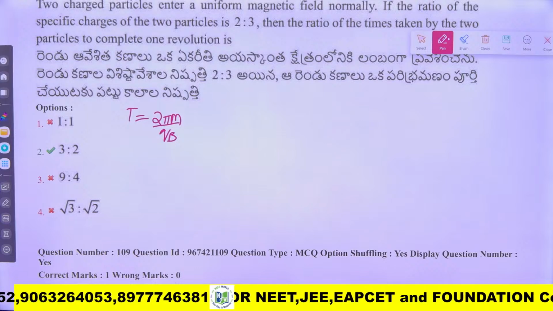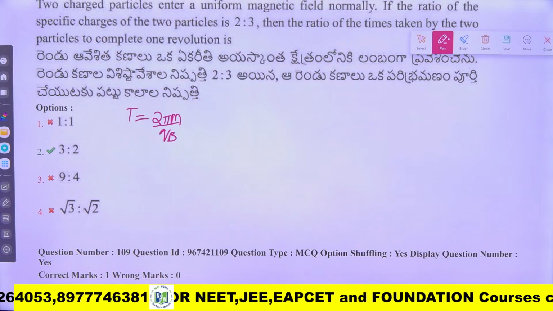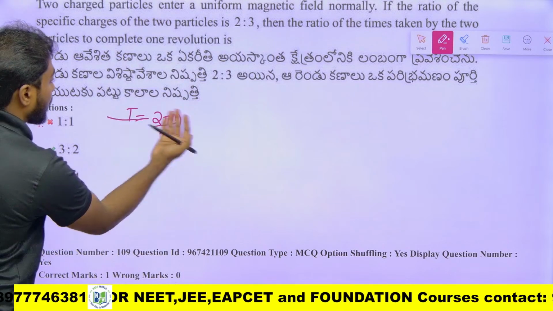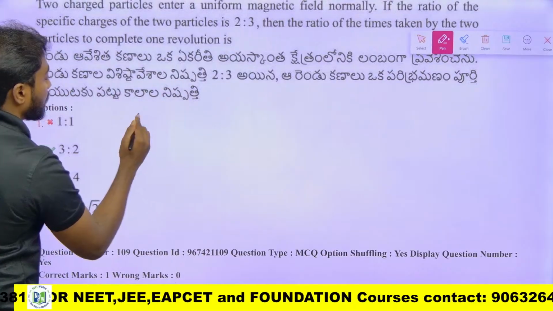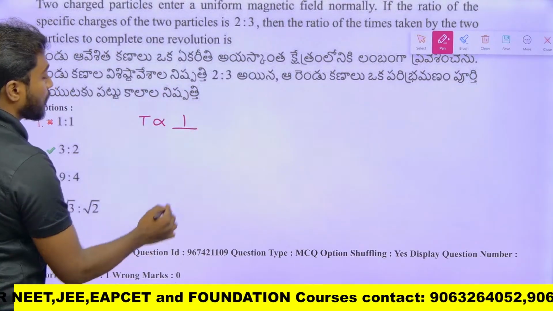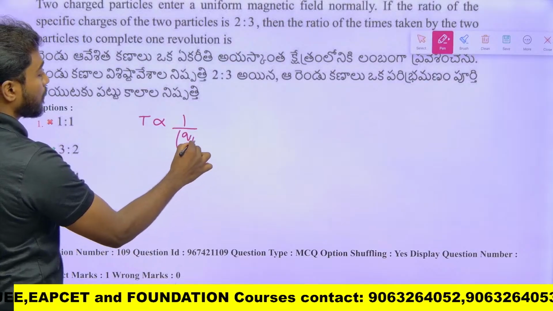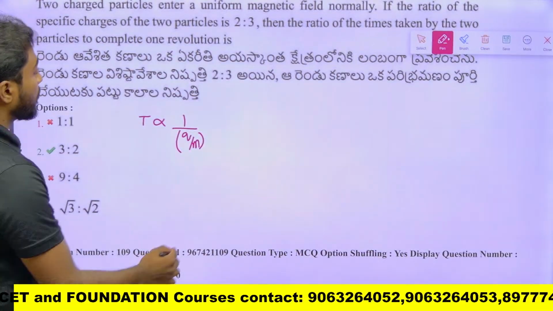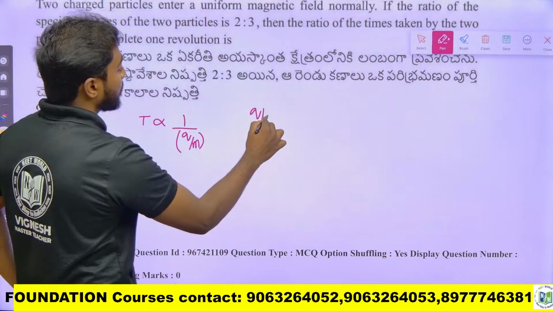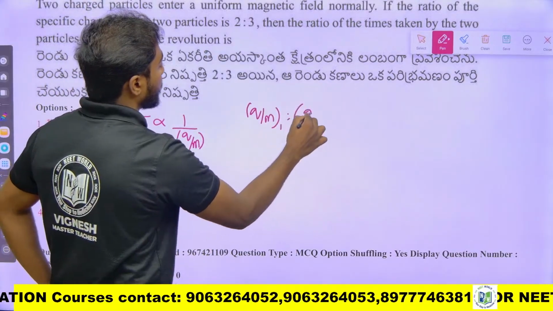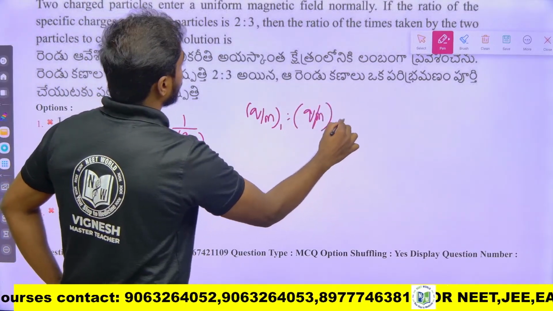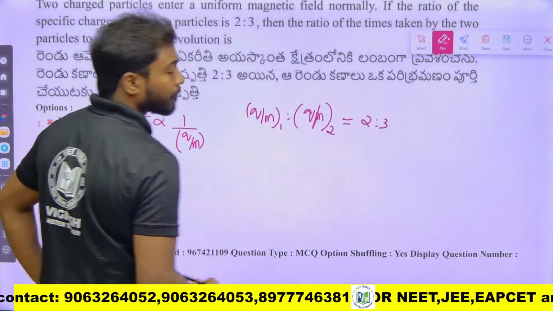So they have mentioned the ratio of specific charge. So I can take directly T is inversely proportional to Q by M. So specific charge has been mentioned, Q by M 1 is to Q by M 2, which is nothing but 2 is to 3, right.